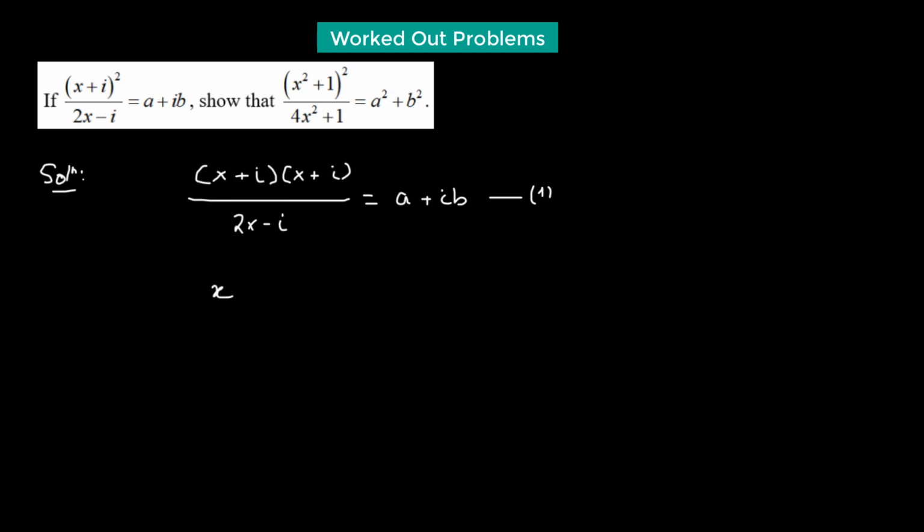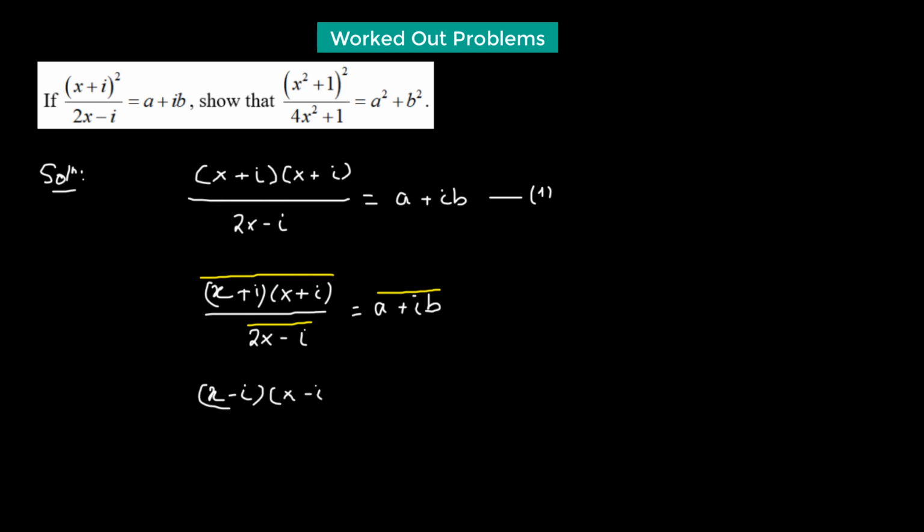Then we are going to take the conjugate of equation number 1, simply putting an over bar, and that gives us x minus i multiplied by x minus i divided by 2x plus i equals a minus ib.